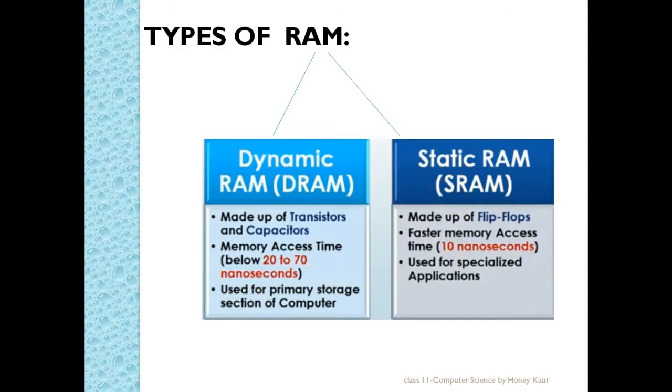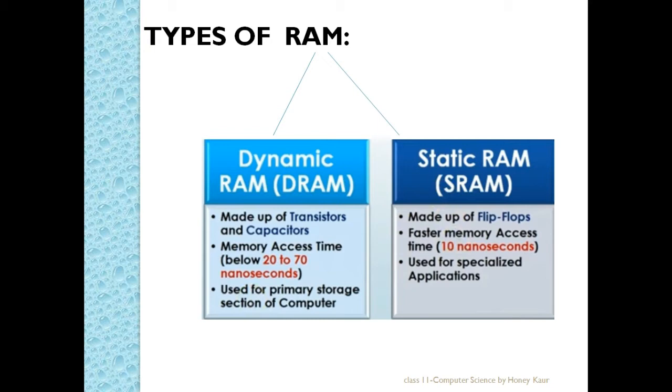RAM is also of 2 types: dynamic RAM and static RAM. Dynamic RAM, or DRAM, is made up of transistors and capacitors, and has a memory access time of around 20 to 70 nanoseconds, so it is very fast, and it is used for the primary storage section of the computer. So the very first data goes to DRAM, whereas static RAM is made up of flip-flops, and it is faster.